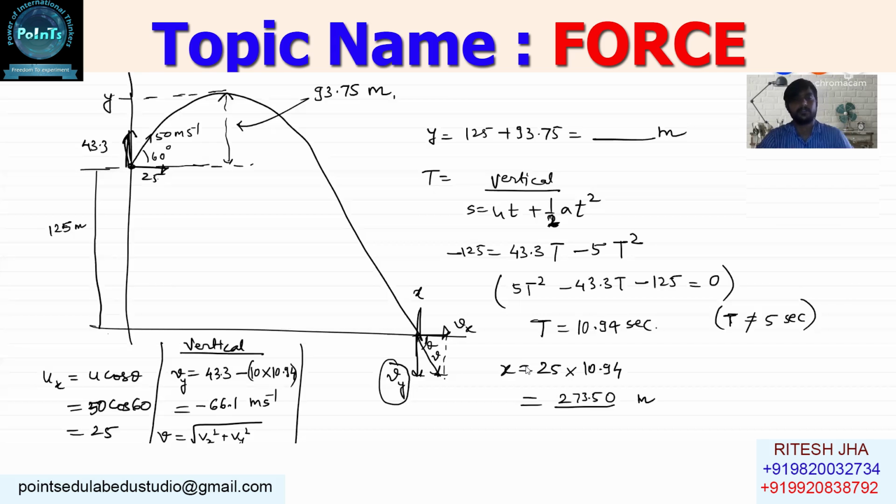But do you know theta? No, not yet. So do you know Vx? Vx is the same always because the horizontal is constant. Correct. So using Vx and Vy, you can get V from this formula: V equals the square root of Vx² plus Vy². So what is it?